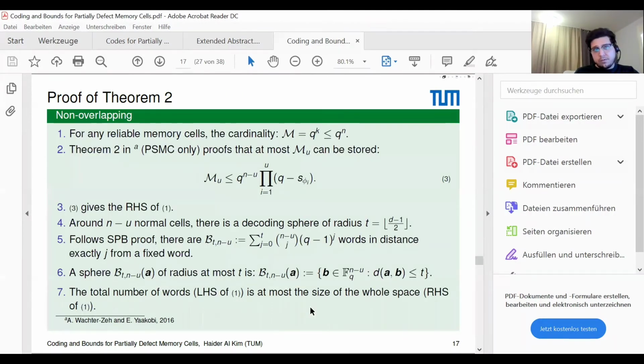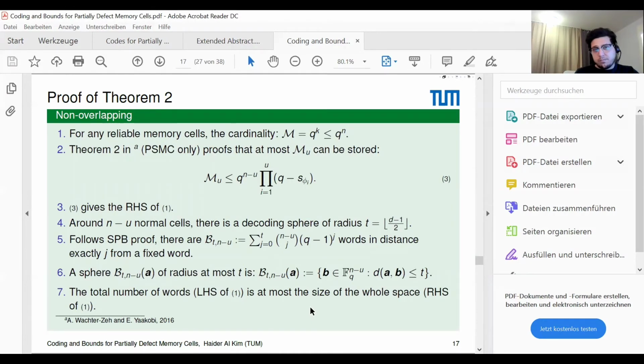Proof of theorem 2, non-overlapping. For any reliable memory cell, the cardinality M equals Q to the power K, which equals Q to the power N. So we assume there is a healthy memory, so we can store N information symbols on it. And this is the whole capacity, or the whole cardinality, of the memory.